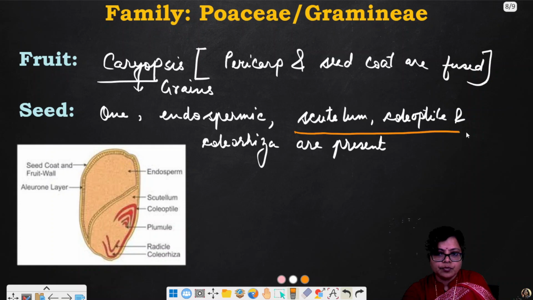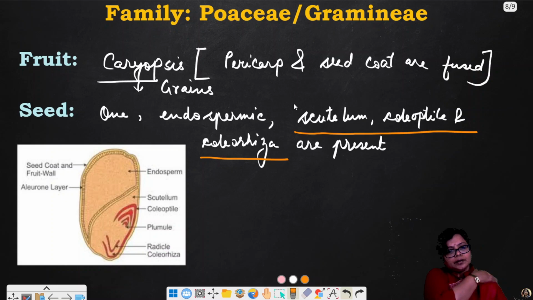What is scutellum, what is coleoptile and what is coleorhiza?